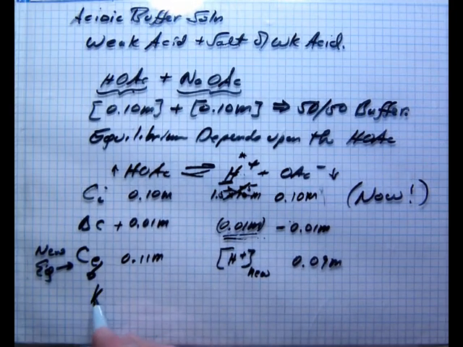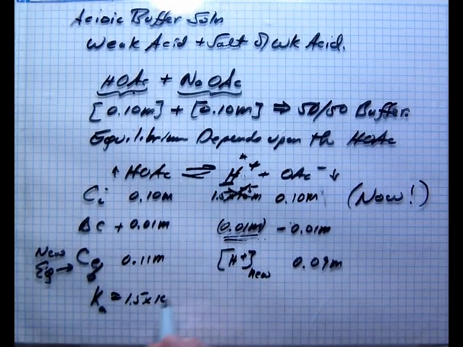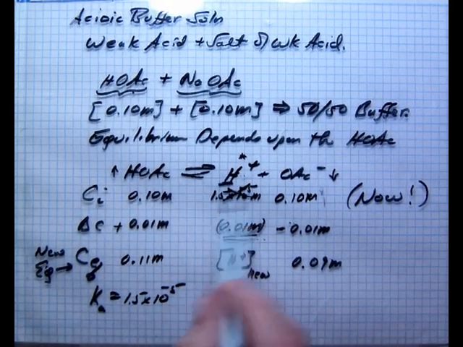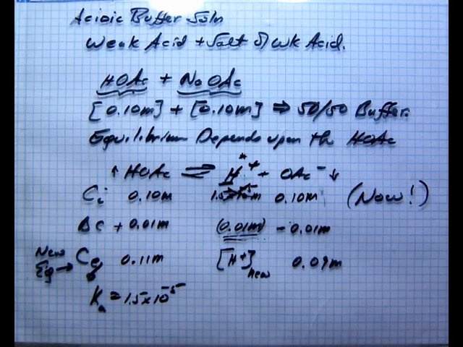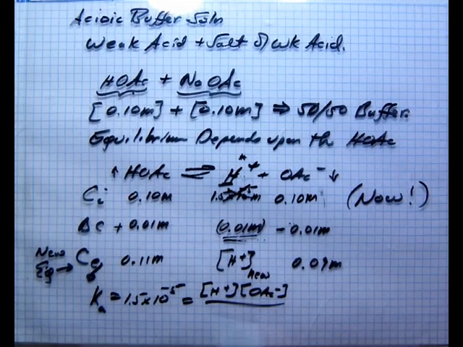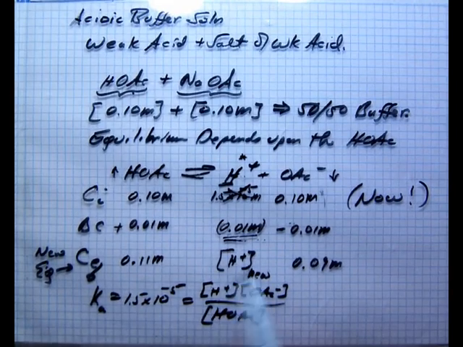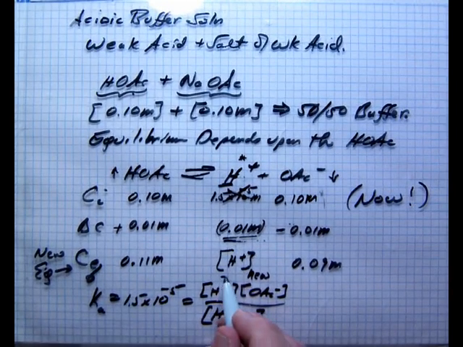The Ka value for acetic acid is 1.5 times 10 to the minus 5. For a 50-50 buffer, the hydronium ion concentration is equal to products over reactants. Right here, HOAc. Now, the thing we don't know is right here.